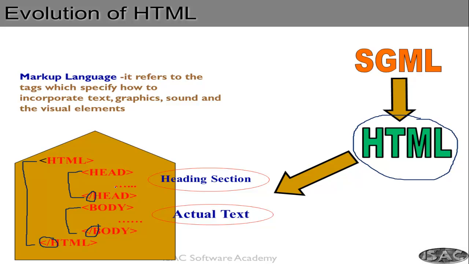You can put something inside. So every HTML page will look just like this. This is called the heading section, and this is where the actual text goes, between these tags.